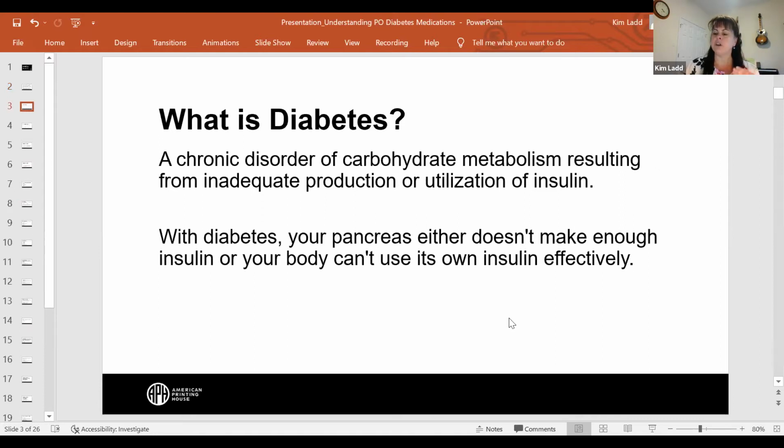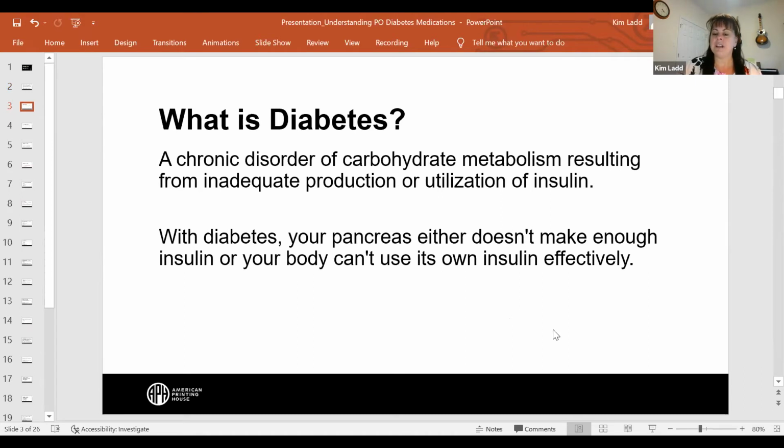So just quickly a review, what is diabetes? Diabetes is a chronic disorder of carbohydrate metabolism resulting from inadequate production or utilization of insulin.